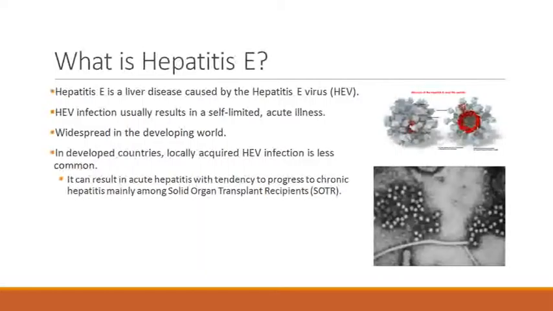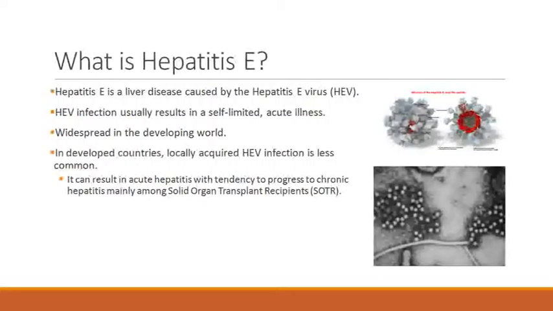Hepatitis E is a liver disease which is caused by hepatitis E virus, and hepatitis E virus infection usually results in a self-limited acute illness. The disease is widespread in the developing world, and in developed countries, locally acquired hepatitis E virus infection is less common.